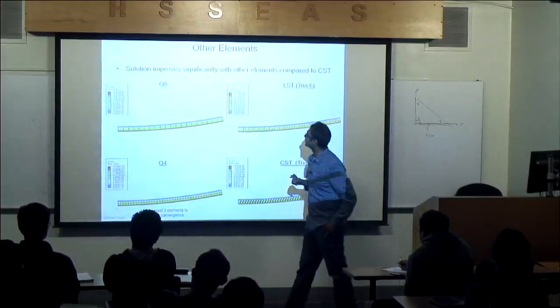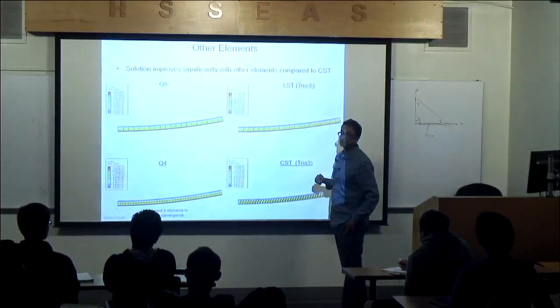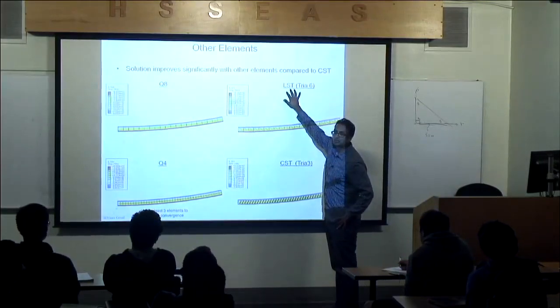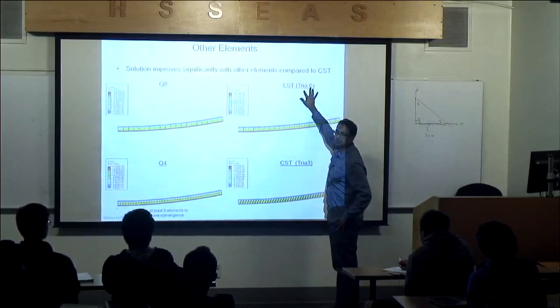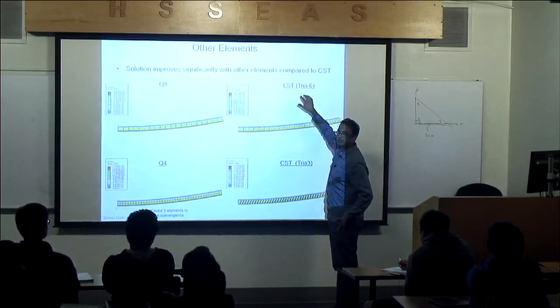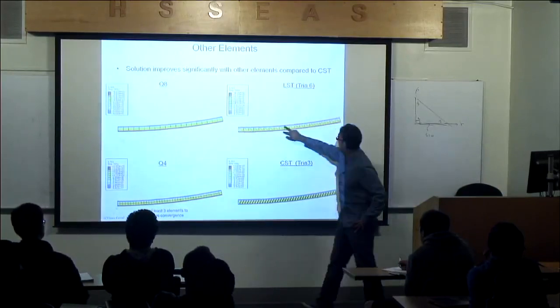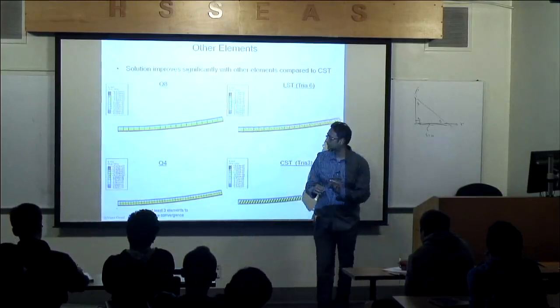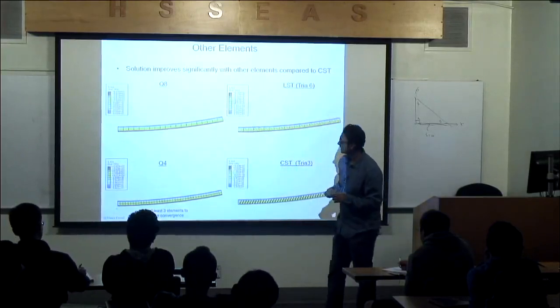In fact, it almost matches the exact solution. The linear strain triangle, which is a second order element, is a Tria6. So six nodes, triangular element, quadratic interpolation, very nice as well. You can see here it gives you 6.19E7.